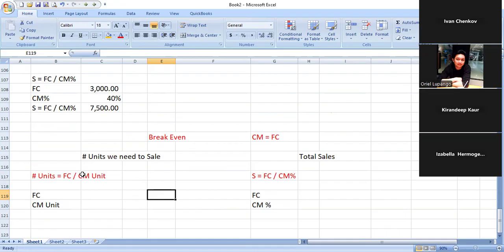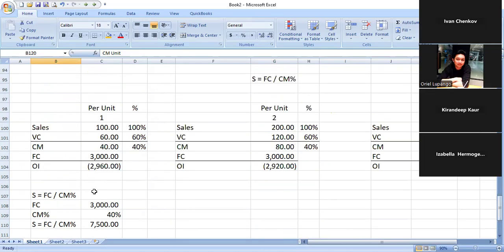Now, you can get the contribution margin ratio different ways because it doesn't change regardless of the number of units. So always when you get the contribution margin divided by sales, it's going to give you the contribution margin ratio. Where for the contribution margin per unit, you have to go to the unit level and find out how much the contribution margin is.